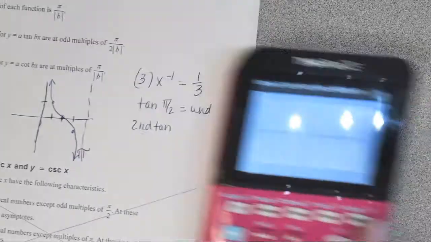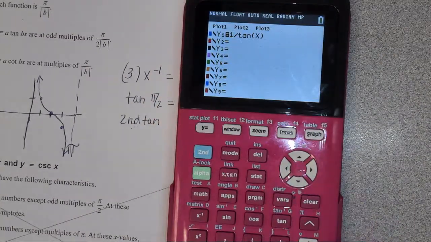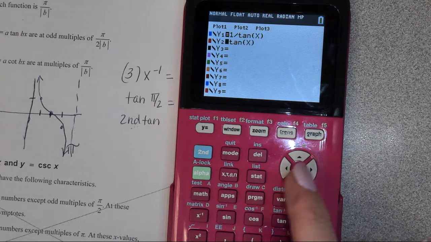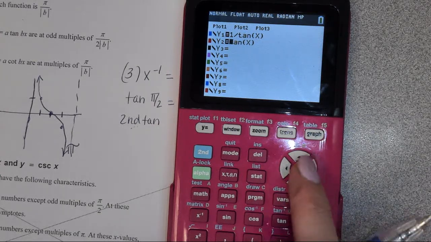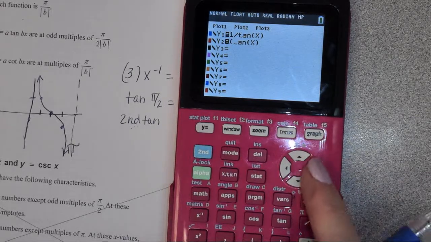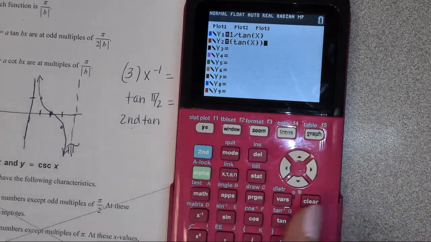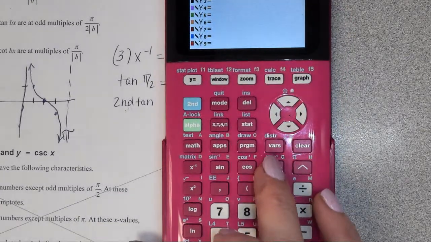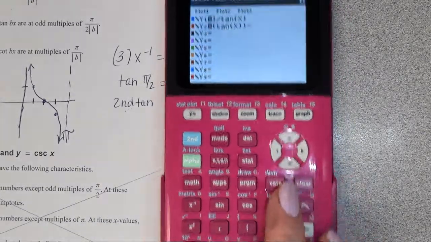What you could do is this. Let me show you how this would be equivalent. You could type in tan x. Actually, all of that would have to be in parentheses, though. And then what key would I have to push? Not second tan, because that one finds the angle.